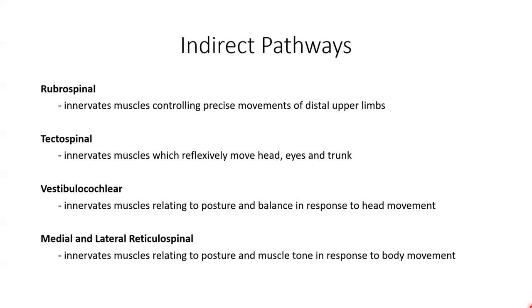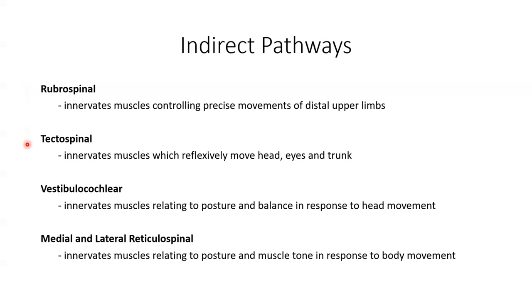So within the indirect pathways, we have the rubrospinal pathway. So this innervates contralateral muscles, so muscles on the opposite side of the body, which govern precise movements of the distal parts of the upper limbs, so essentially your hands.